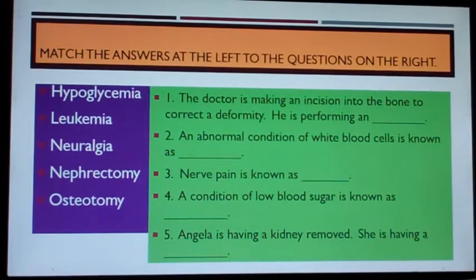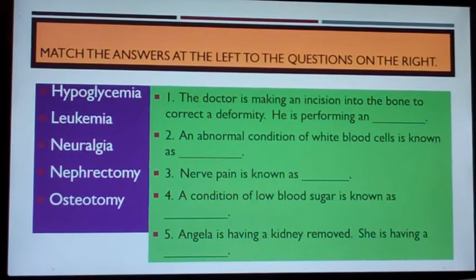Number 2, an abnormal condition of white blood cells is known as blank. Number 3, nerve pain is known as blank.